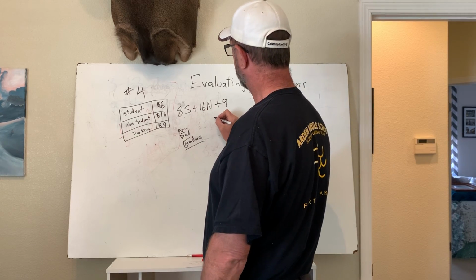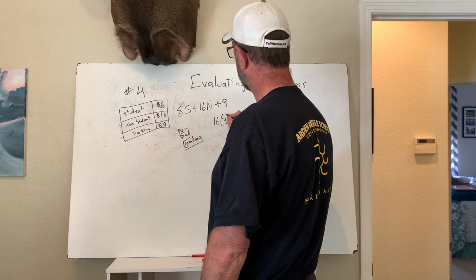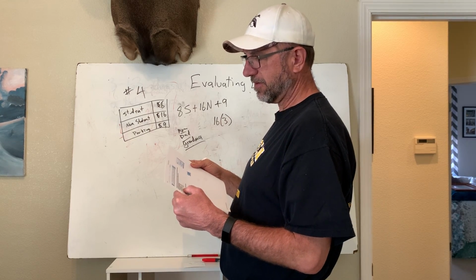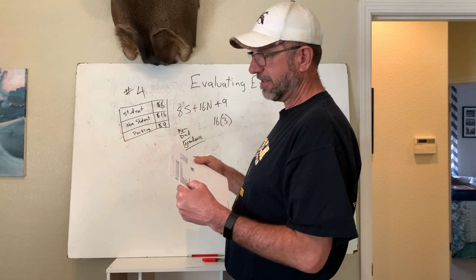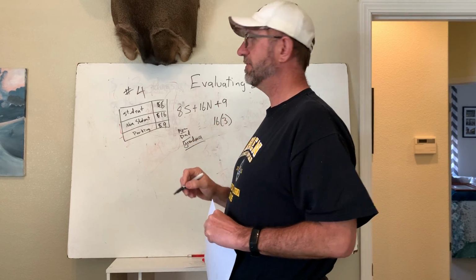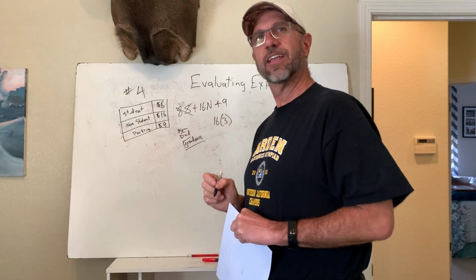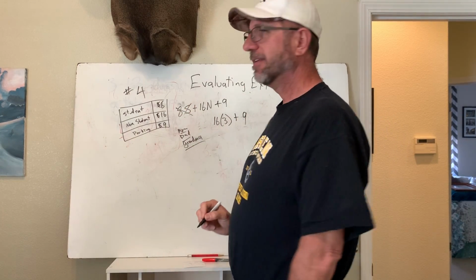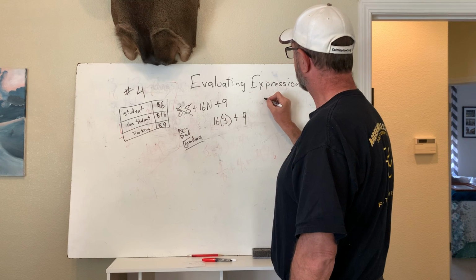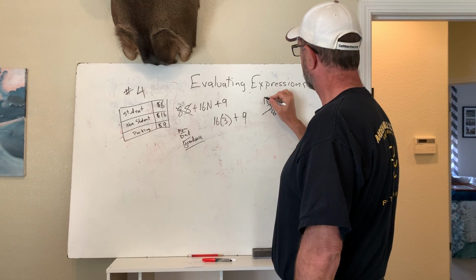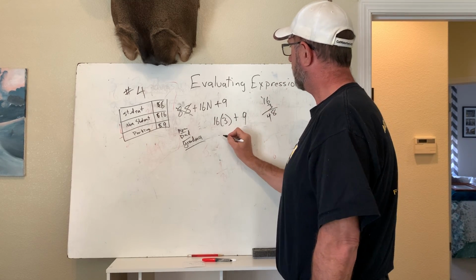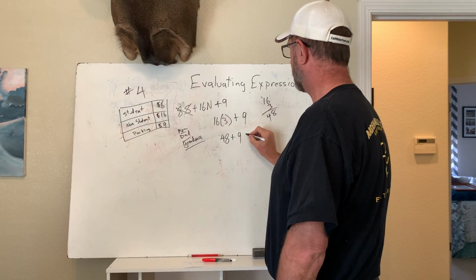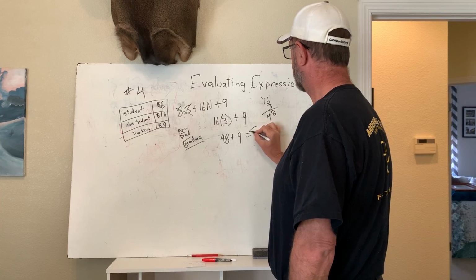So there's 3, so 16 times 3. So we're going to assume there's no students. And if you get it wrong, that's why. Okay, plus $9 parking. So we're going to say $16 times 3 is $48. Plus 9 would get us $57.